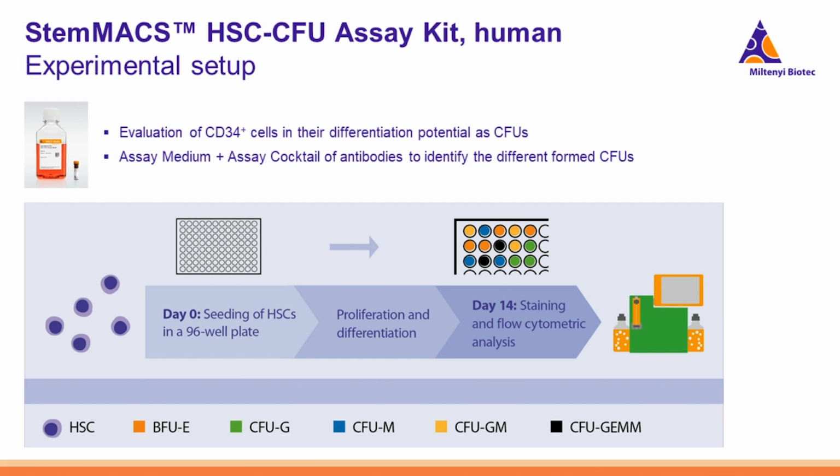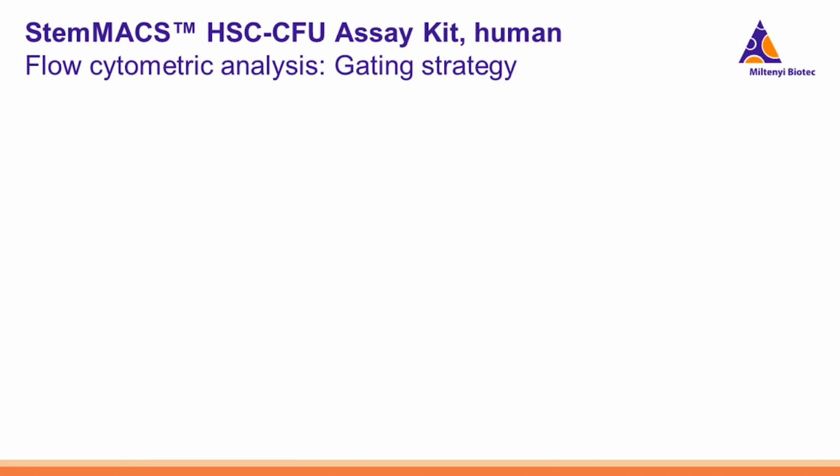So after proliferation and differentiation for 14 days, the generated colonies are stained with the StemMax HSC CFU assay cocktail, followed by flow cytometry. For the flow cytometric analysis, the first step is the gating strategy for the performed staining for CD15, CD14, and CD235A.